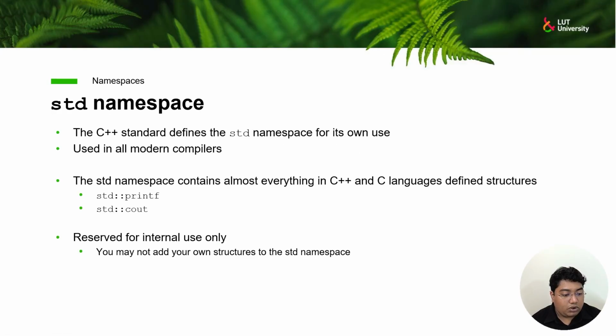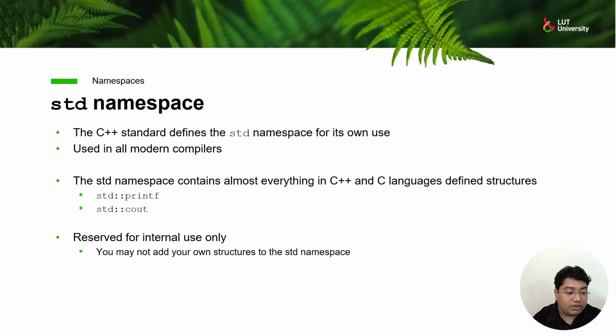Okay, so let's head into the next one, which is finally the standard namespace. Now here's one namespace you have already got used to, std, without necessarily knowing what it actually means. The C++ standard defines this namespace for basically everything the language and its standard library provide.